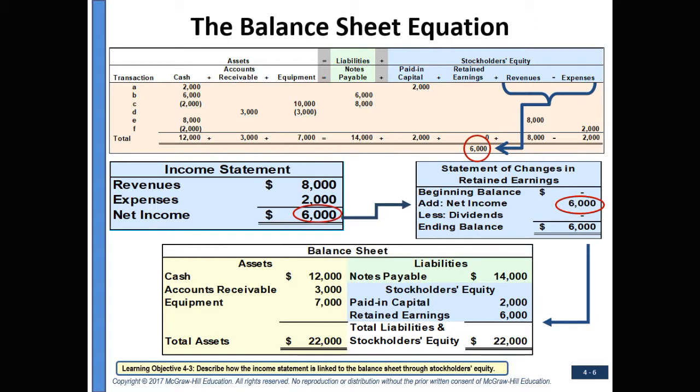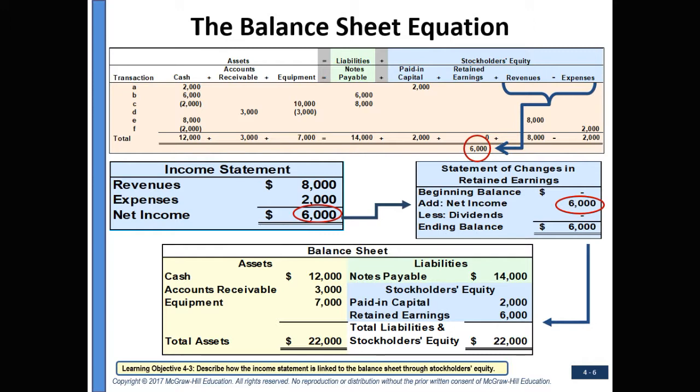The balance in the asset accounts, cash, accounts receivable, and equipment, and the liability account are transferred to the balance sheet. The paid-in capital account balance of $2,000 is combined with the newly calculated balance in the retained earnings of $6,000.